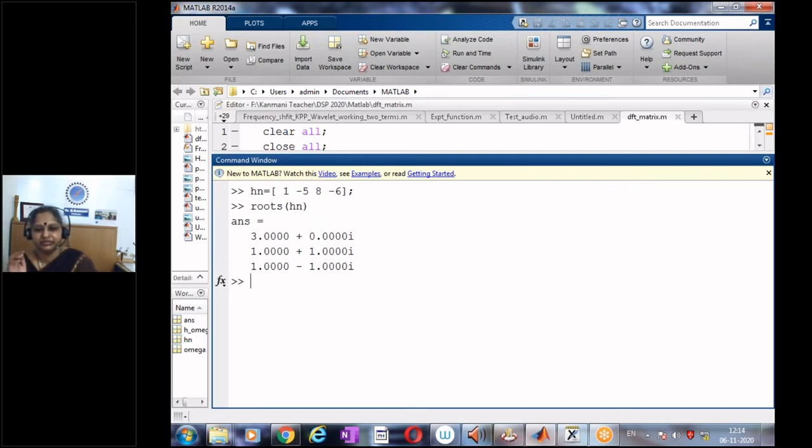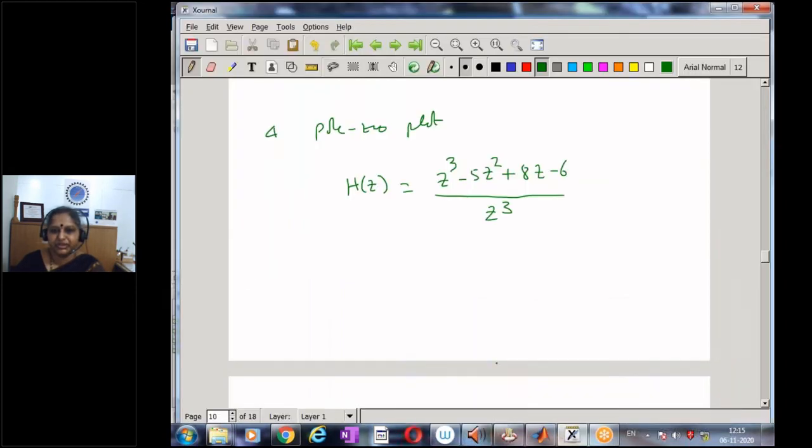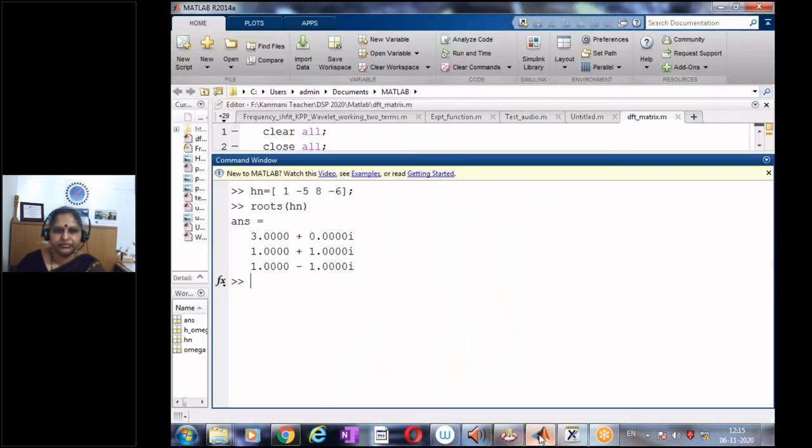The zeros are located at 3, 1 plus j and 1 minus j. And of course, we have 3 poles all located at the origin.